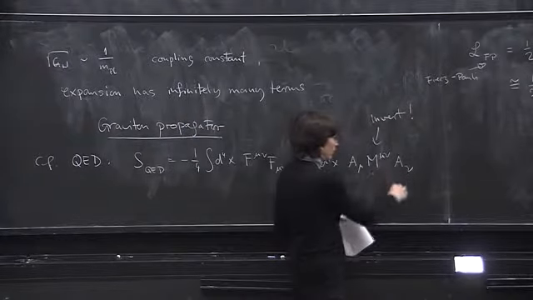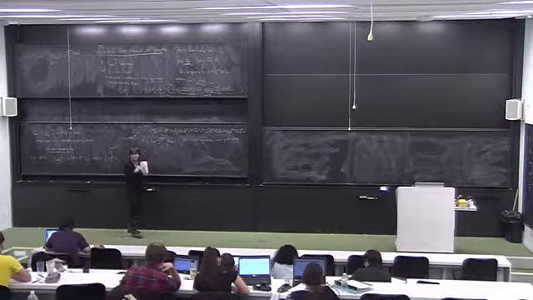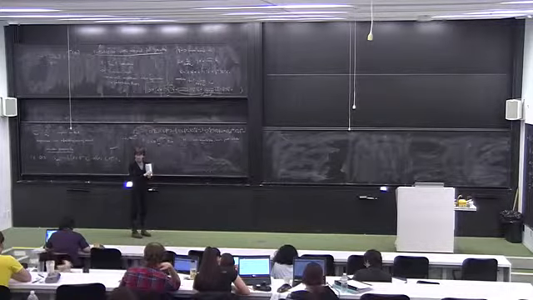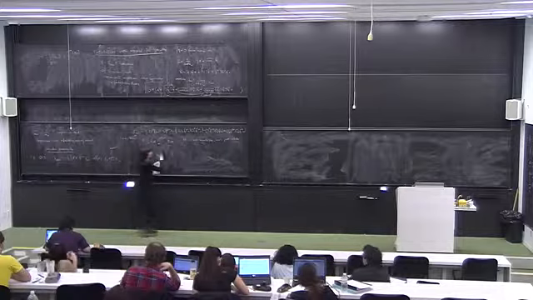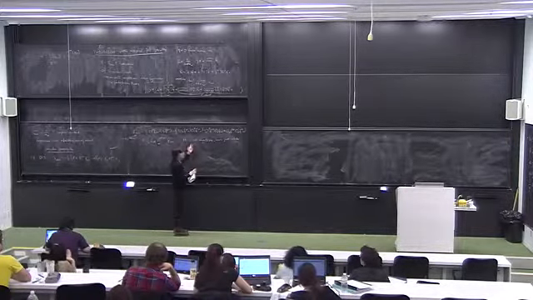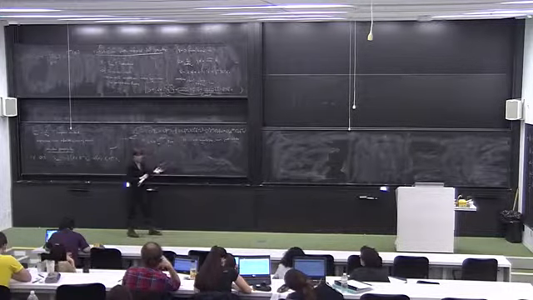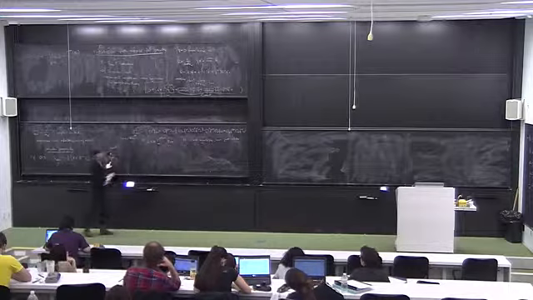By adding another term, you break this explicitly, and you can show it doesn't affect the physics in the end, but it has a nice property that it makes the propagator invertible, or rather that matrix M invertible.